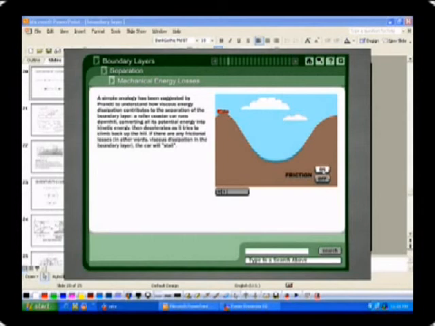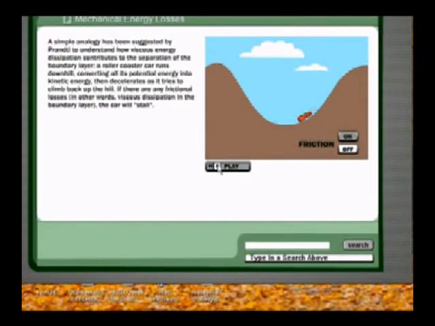So when there is no friction, this car will come back to its position, which is symmetric, and it will reach the top of the hill.